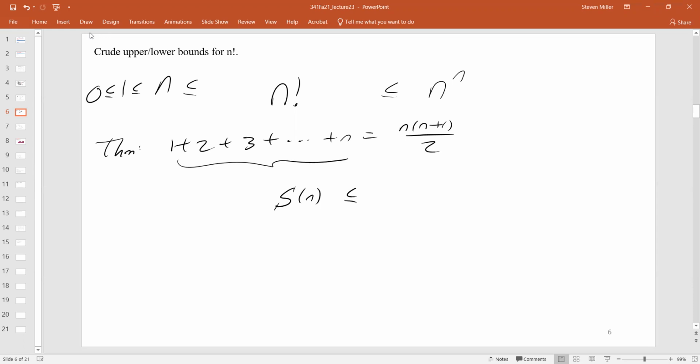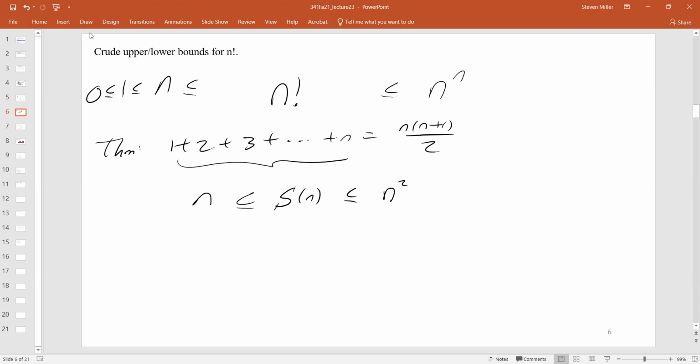N squared, right? There's n terms, and each term is at most n. Can somebody give me a lower bound? 1, okay, give me a little bit better lower bound than 1. N. So this is actually much better than the factorial in terms of how close they are, but they're not the same order of magnitude.